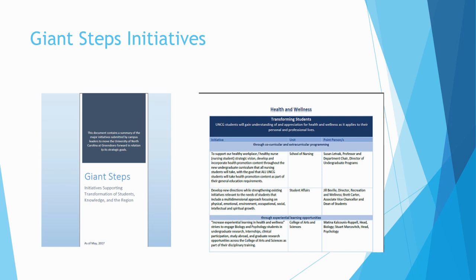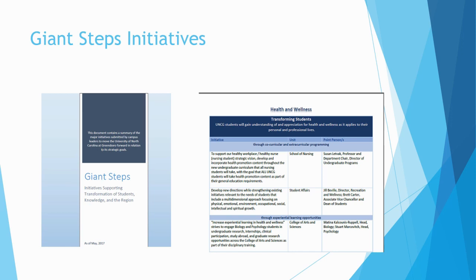What you see on the left side of this slide is the cover of the document. On the right side, you see the actual table contained in the Giant Steps document. The first column summarizes the initiative. The middle column indicates the unit with which that initiative is associated, and the right column identifies the point person or persons for each. This document can be accessed on the same page where you found this video.